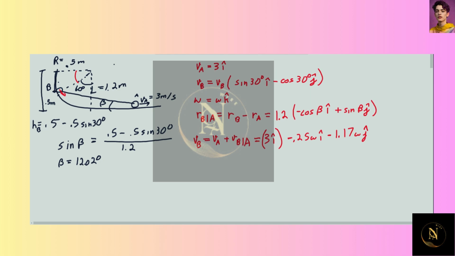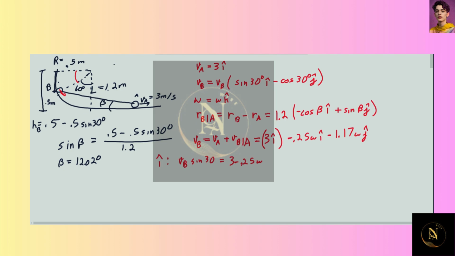So then we can compare our i-hats and j-hats. For the i-hat portions, we have VB times the sine of 30 degrees equals 3 minus 0.25 omega. We don't know VB yet, or omega, so we're not quite ready to solve for anything here.